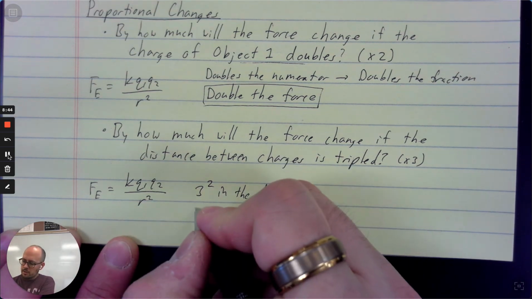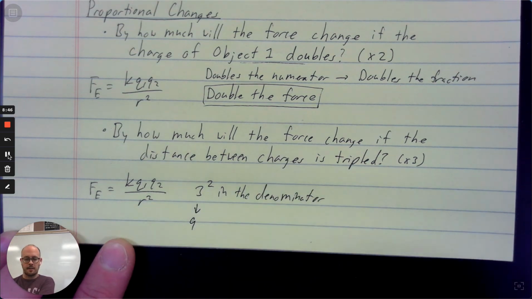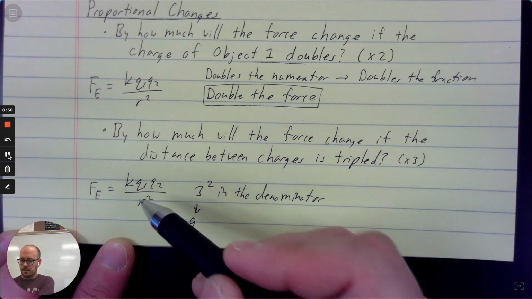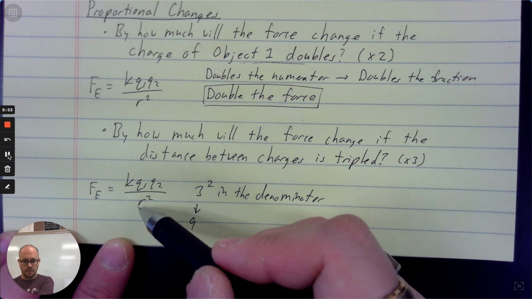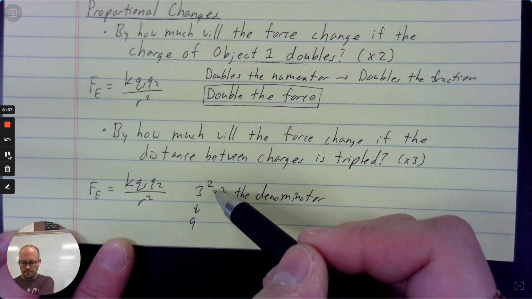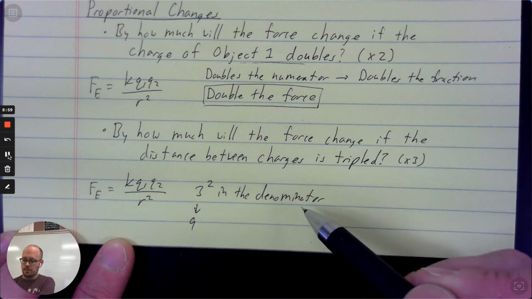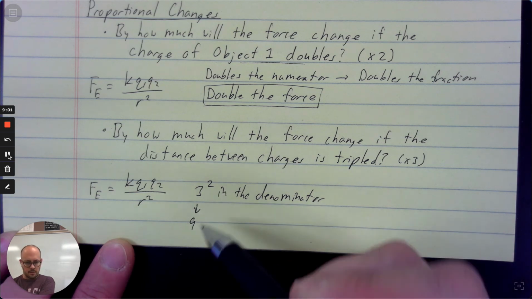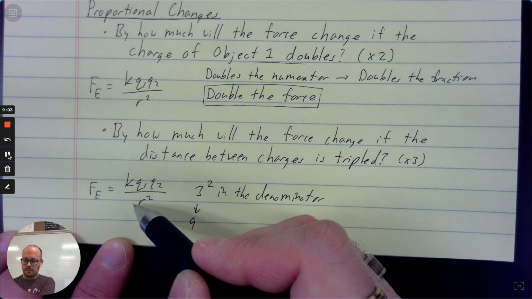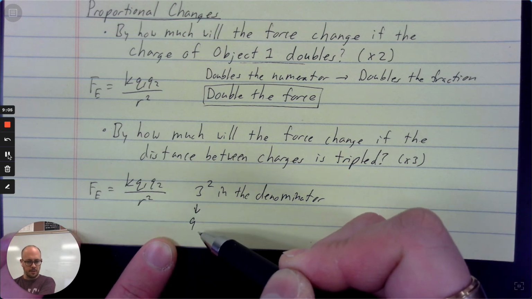3 squared is equal to 9. So what's really happening is, because you put a 3 in for r, that gets squared, you are essentially putting a 9 in the denominator. You are making the denominator 9 times bigger.